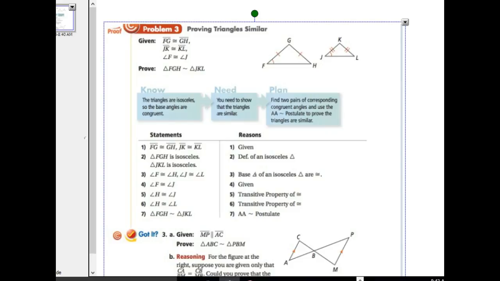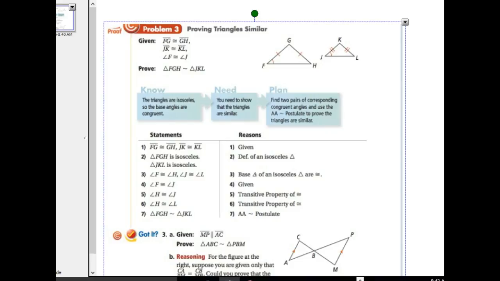You have angle-angle, you have the side-angle-side similarity postulate, and you have side-side-side. So if you can prove all three sides of one are similar to all three sides of another, then that could work as well. So let's look at the problem here.